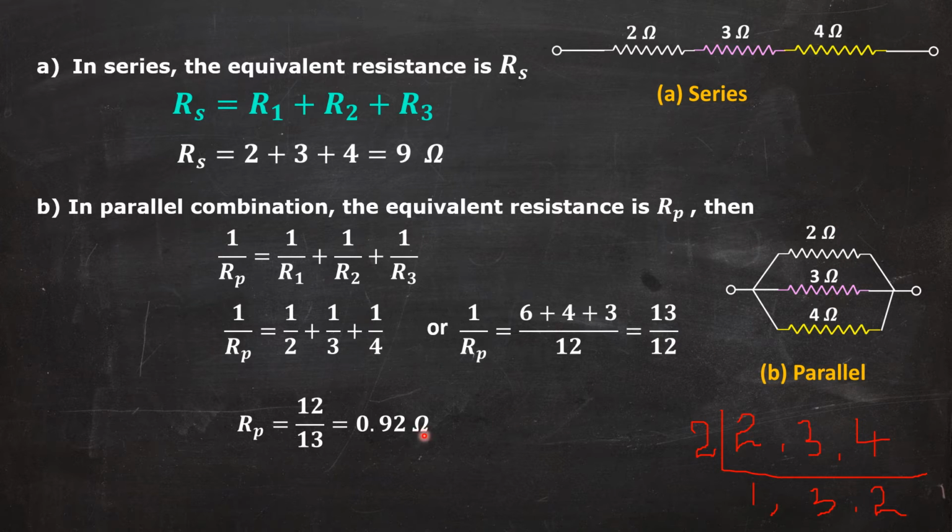You see here, 0.92 is less than all these resistor values. So in the parallel connection, the equivalent resistance Rp is less than even the smallest resistance connected. Okay, so this is the solution for the first problem.